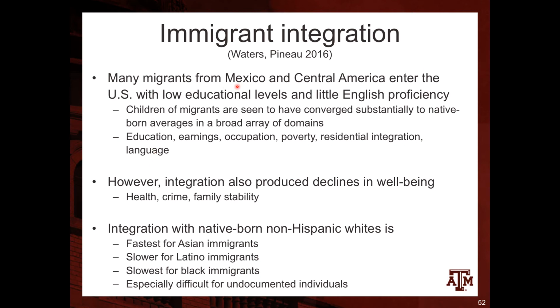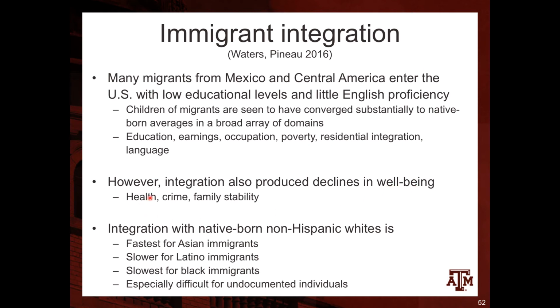So although first generation immigrants from Mexico and Central America have low levels of education and not as good levels of a series of other socioeconomic indicators, second generation immigrants tend to improve in a series of different socioeconomic indicators. However, these second generation immigrants are having a good integration into the country that improves a series of their indicators, but integration also produces declines in other areas.